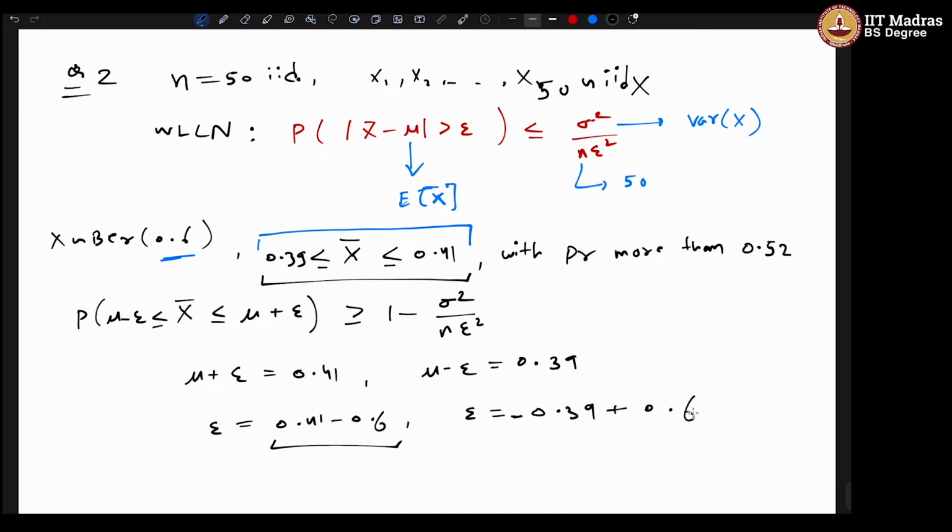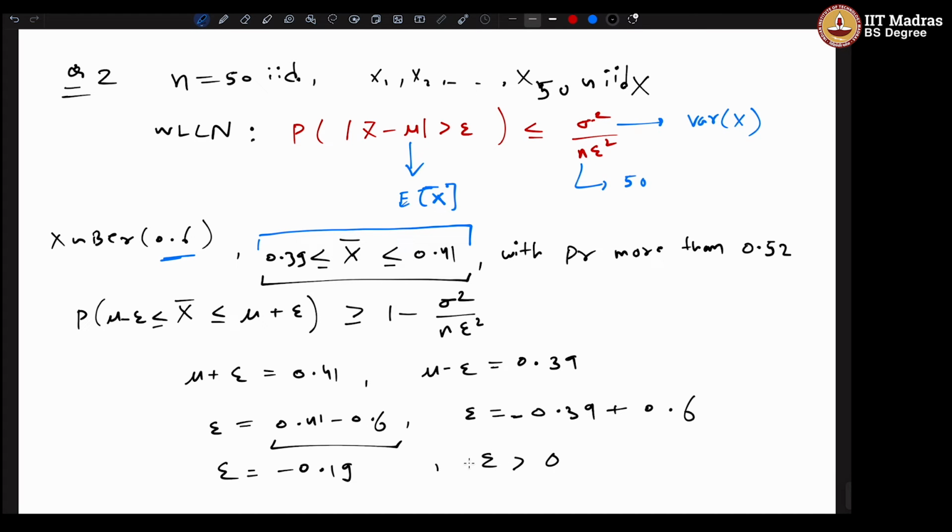To verify this, let me calculate these values. 0.41 minus 0.6 will come out as, here epsilon will come out as negative 0.19, and here epsilon will come out as, anyway, whatever it comes, it will be positive, right?